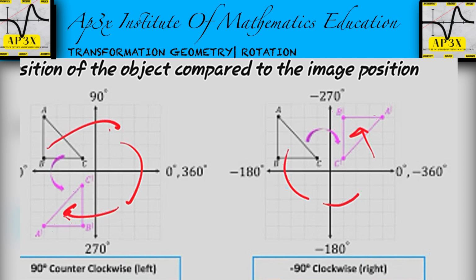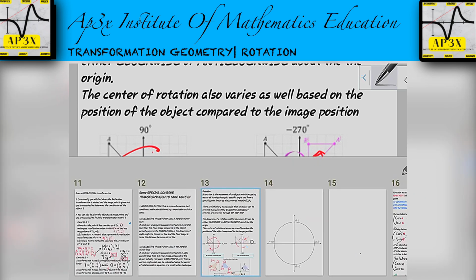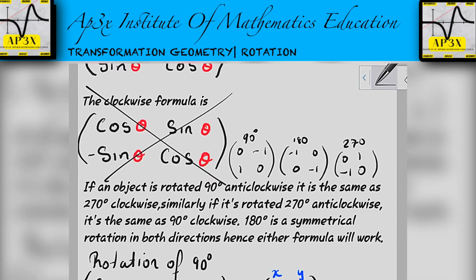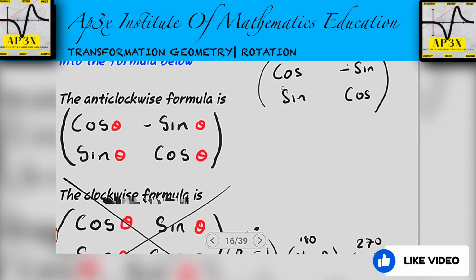Now, not to fluster you a bit too much, because I know that this is a lot of information to process, I'm going to keep it at a bare minimum and discuss only one example. So here, let's say that you're asked to rotate the object 90 degrees clockwise. You cannot put a 90 degrees clockwise into an anti-clockwise formula.